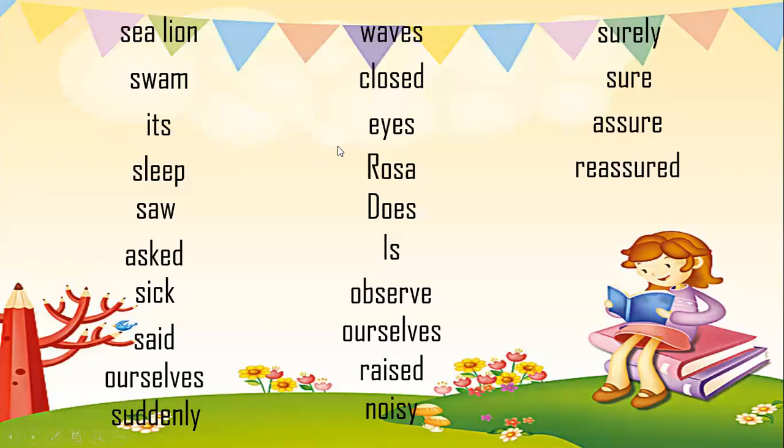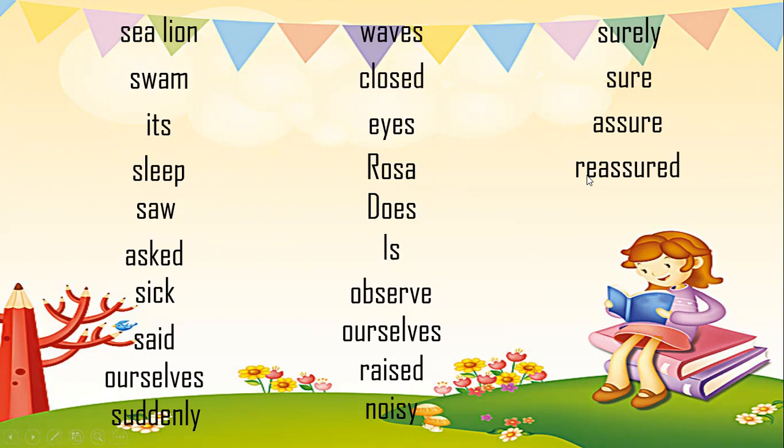And which is the second sound of the letter S? Z. Like in Spanish when we say el zumbido de un zancudo o de una abeja, okay? Z. That is the sound. And we have waves, closed, eyes, rose, does, is, observe, ourselves, raised, and noisy.